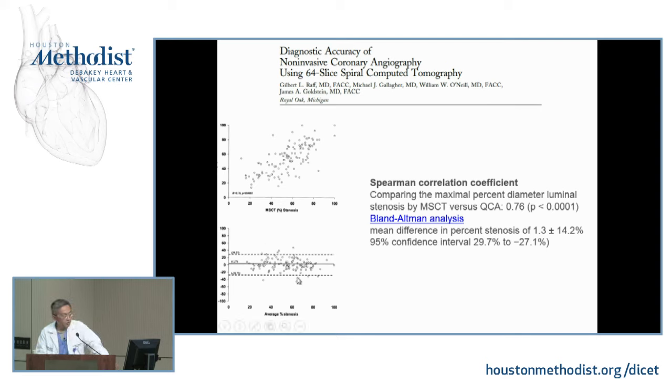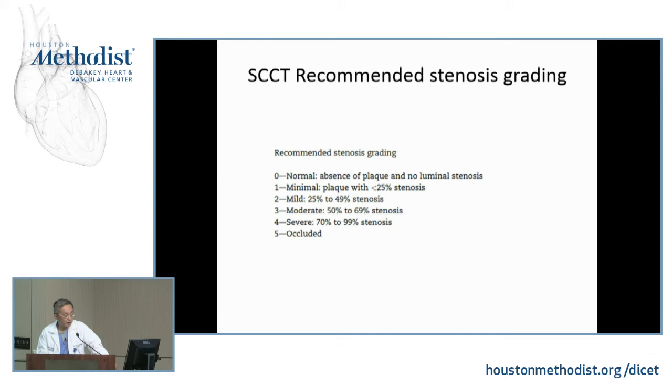That's why we should never report a stenosis to the degree of 45, 55, even 50 or 60%, because we know that's far away from the real stenosis. That's why the Society of CT recommends that we grade the stenosis this way. Normal, basically no plaque, no luminal stenosis.